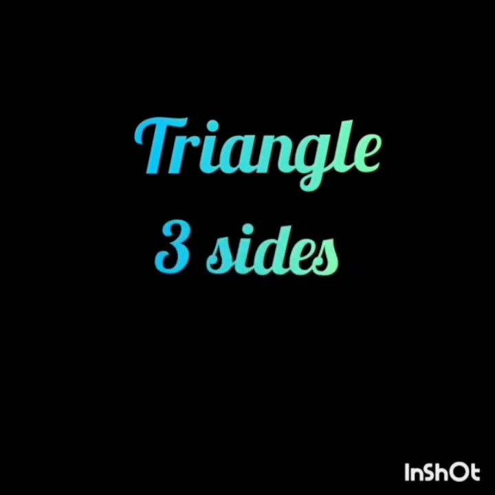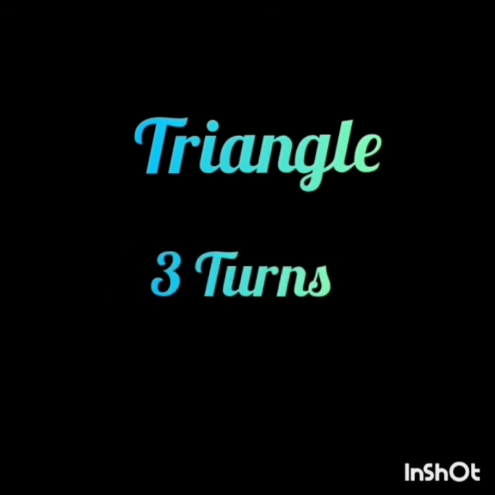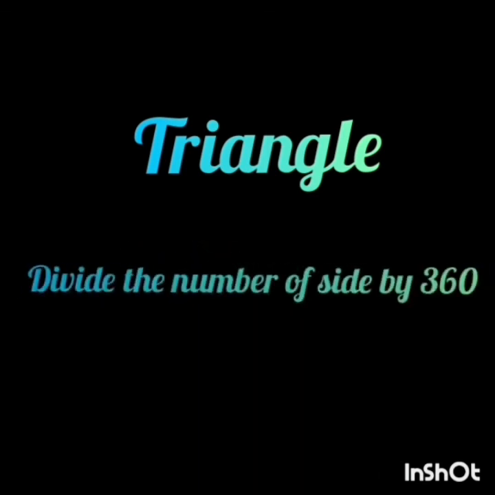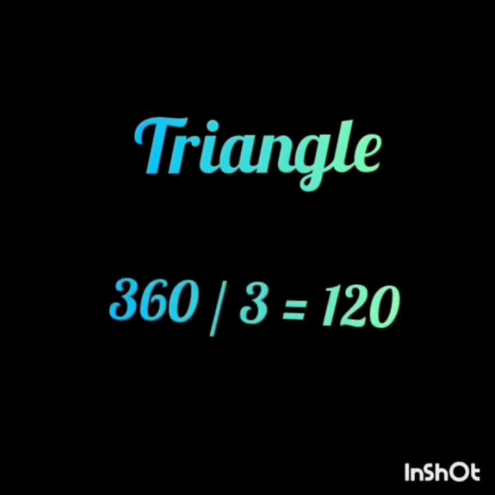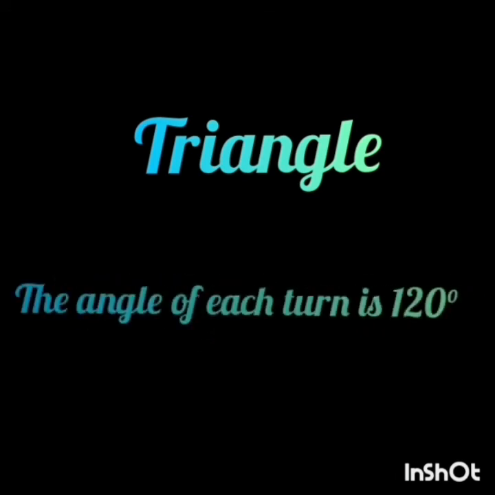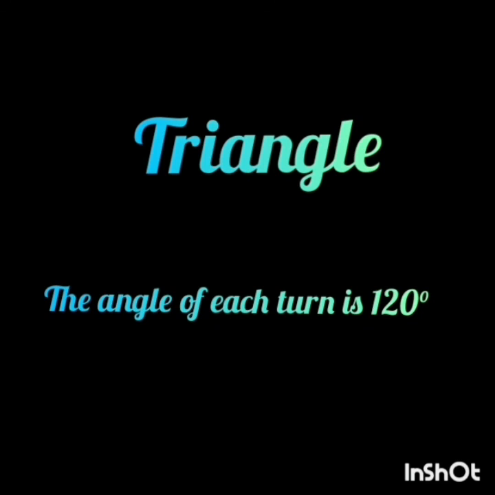Now we will make a triangle with the help of the repeat command. For example, to draw a triangle with 3 sides, the turtle makes 3 turns. You need to divide 360 by the number of sides. 360 divided by 3 is equal to 120. So the angle of each turn is 120 degrees.